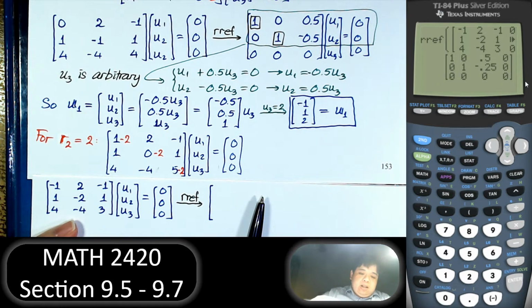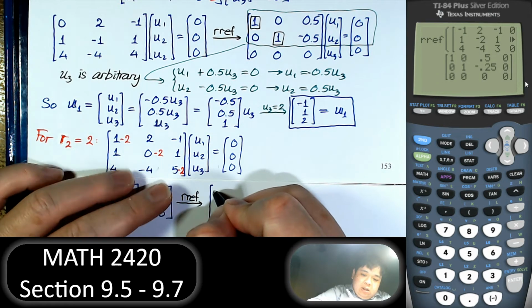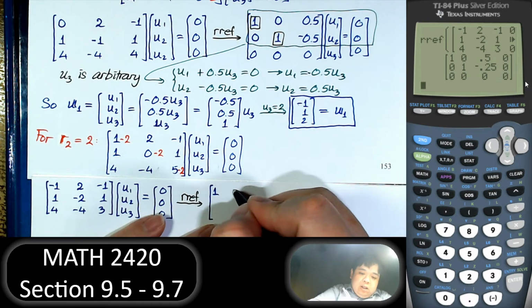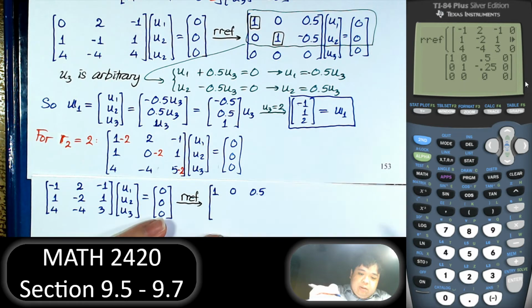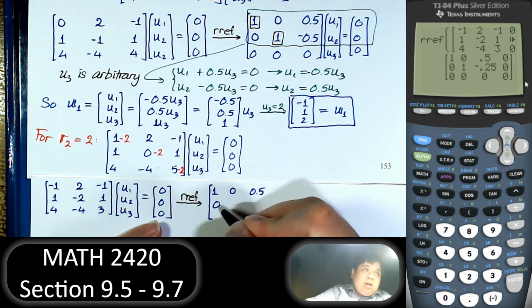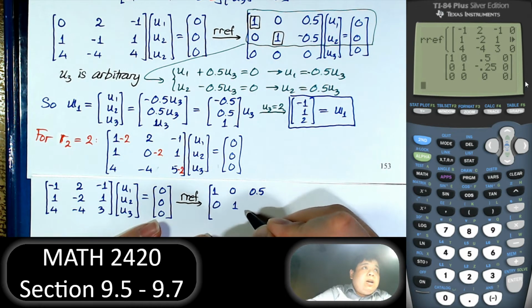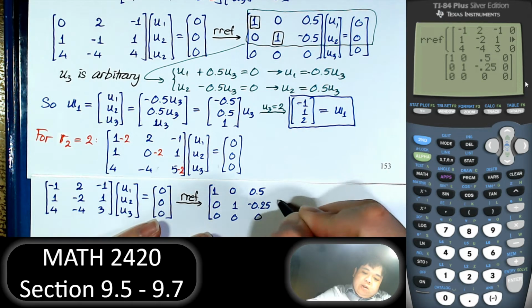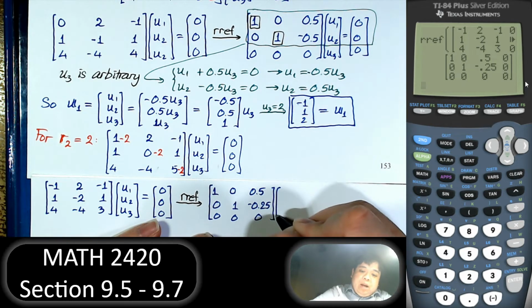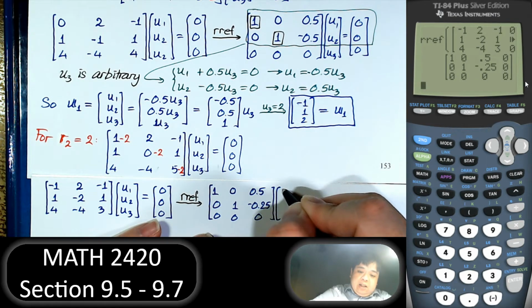Right, so we have that: 1, 0, 0.5, 0, 1, -0.25, that's 1/4, and 0, 0, 0. If we do correctly, we should have a row of 0 at the end.